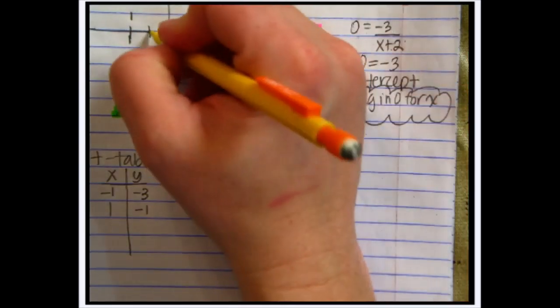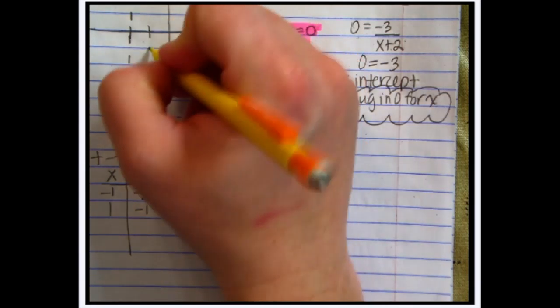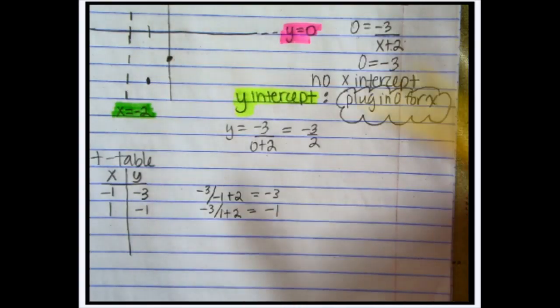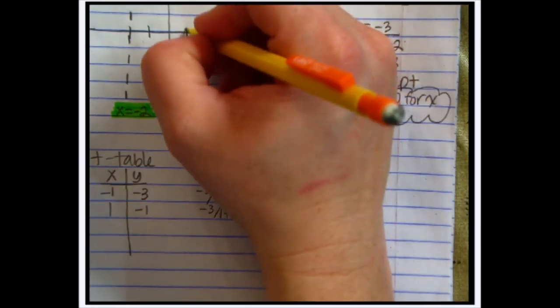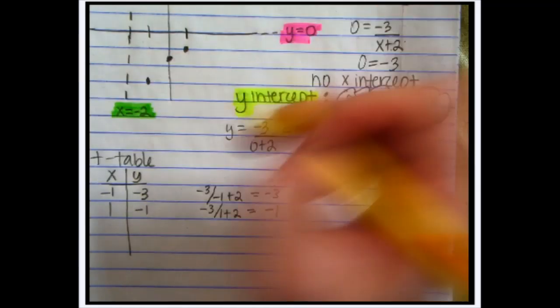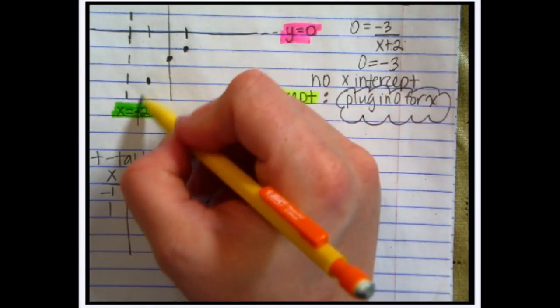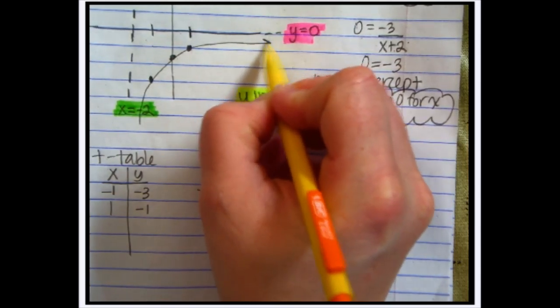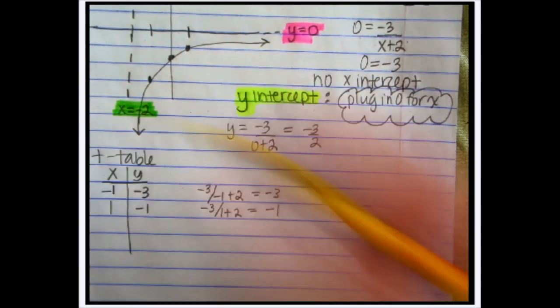So if I go left 1 and down 3, and if I go over to 1 and down to -1, it does look like I should have a graph that's doing something like that, because again, I know this is a hyperbola.